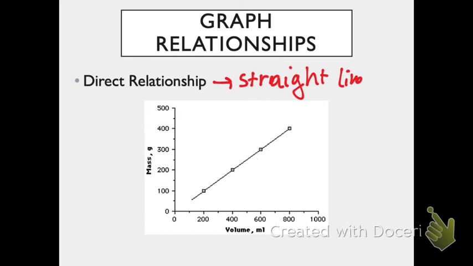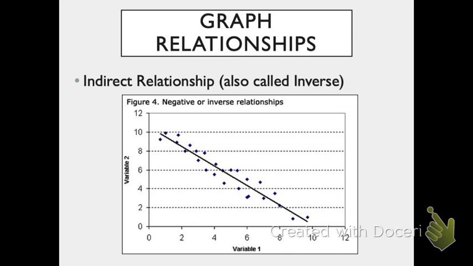Okay? Direct relationship, I guess I should say this. A direct relationship in the way we use it does typically mean as one goes up, the other goes up. So I'm going to actually have you call a negative slope an indirect relationship here. Okay, indirect relationship means as one goes down, the other goes up. Or as one goes up, the other goes down. This line is giving us an indirect relationship.